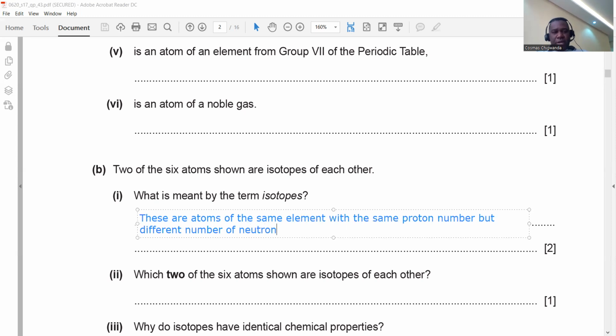If you want to say, you can also say but different mass numbers.